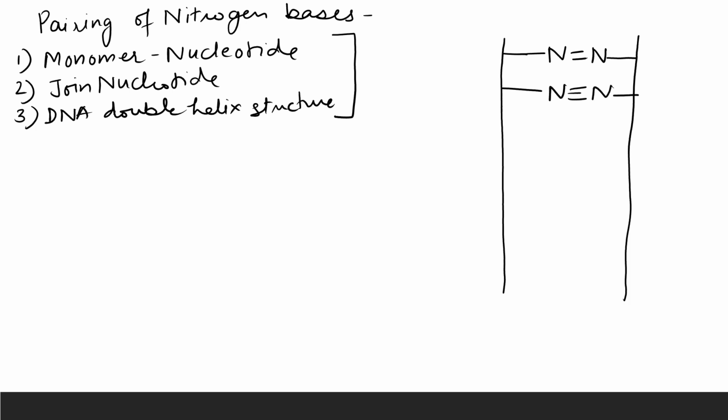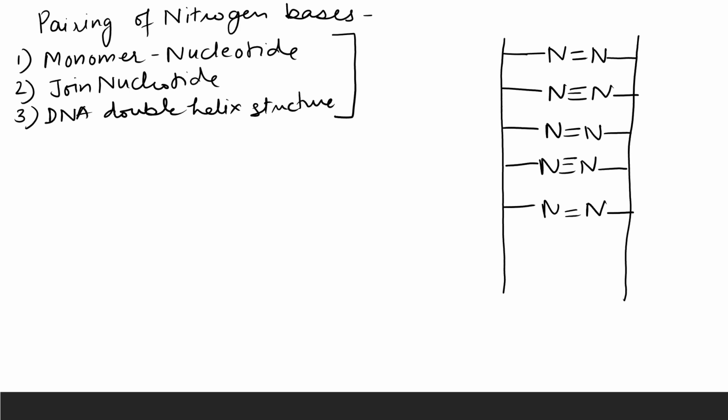So in this video, we are going to talk about how these bases will pair up in a DNA chain. Right? So we all know there are two nitrogen bases, and this is how they are attached.